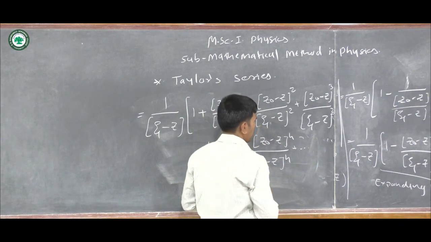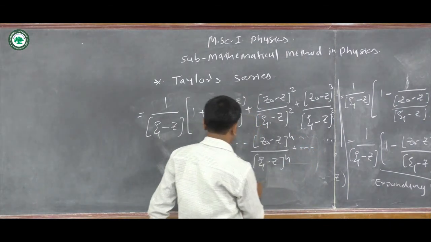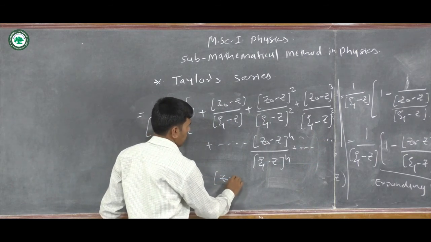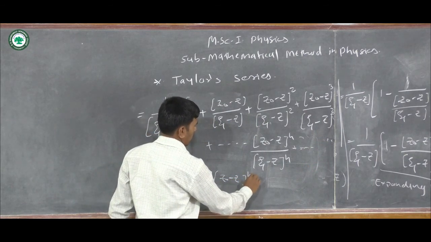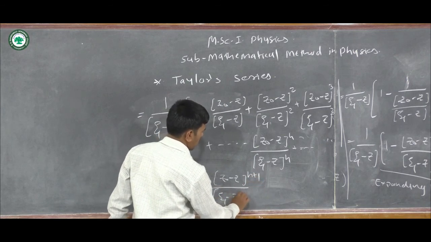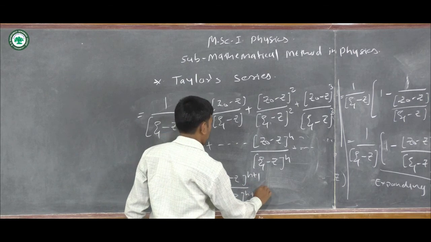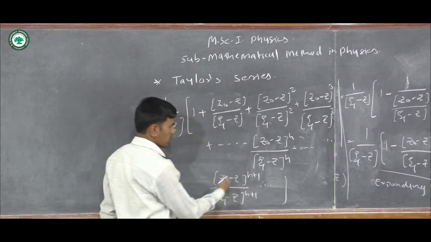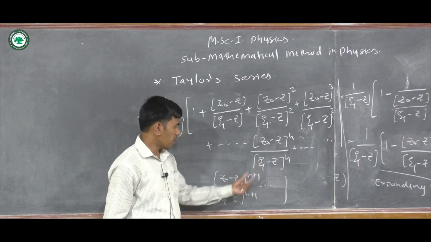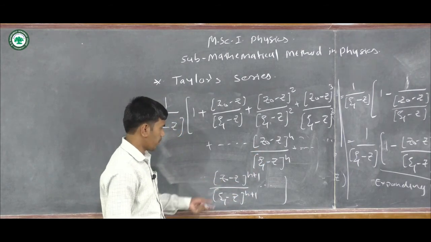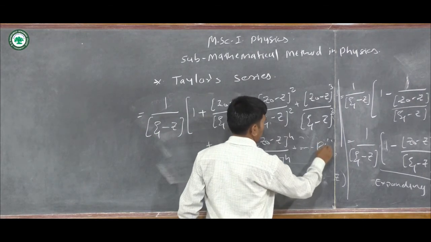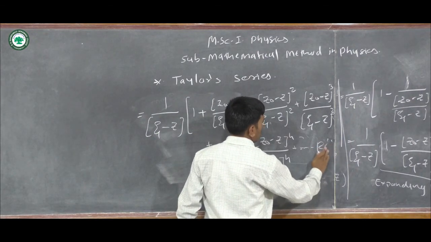Here is the other term, that is z naught minus z power n plus 1 divided by psi minus z power n plus 1, and so on. So these terms after the nth, we can call the remainder terms. Here I am taking this as R, remainder terms.